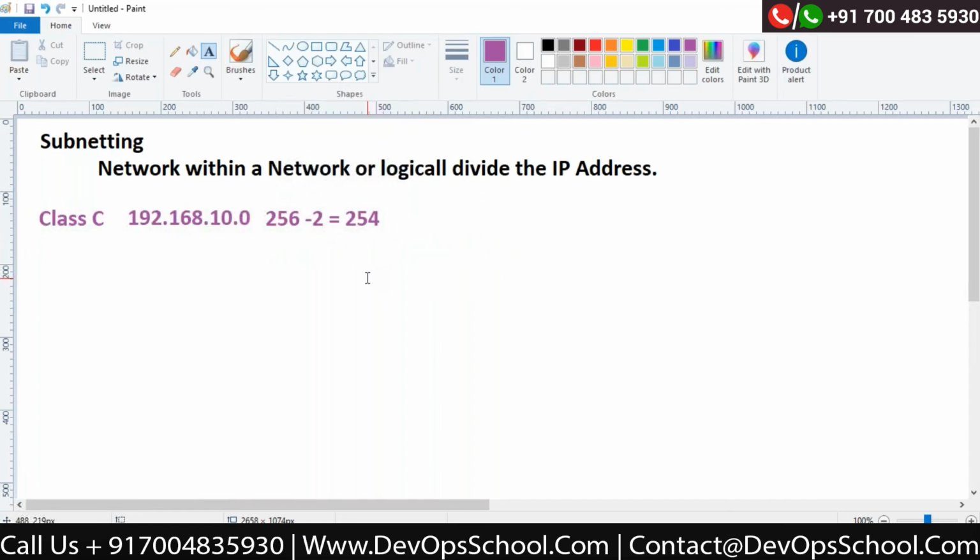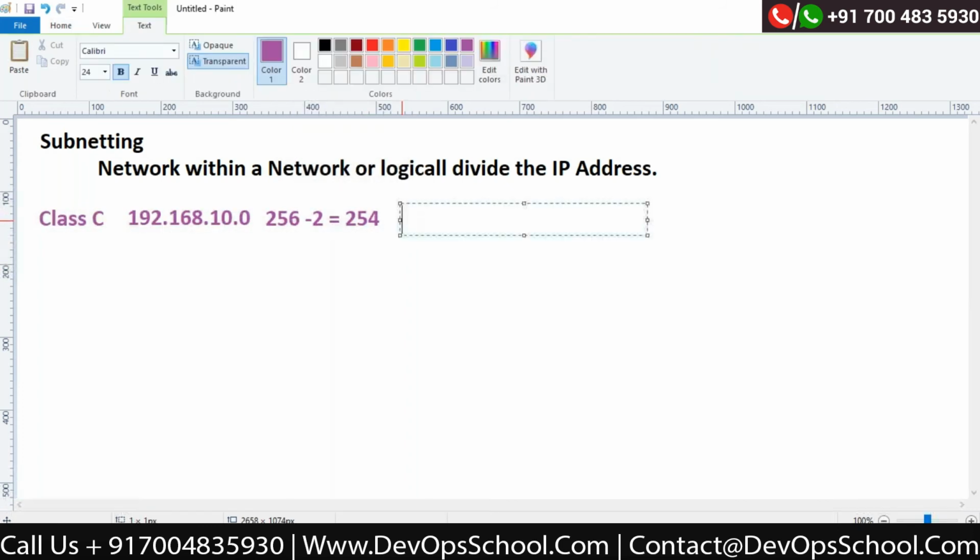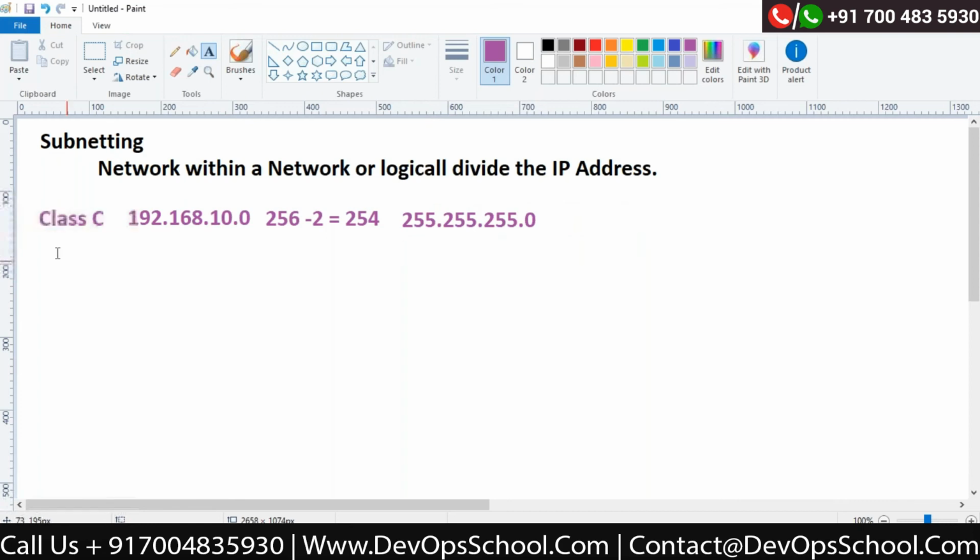But I want to divide this network into smaller chunks now. The default subnet mask would be as follows. This is a class C IP address.